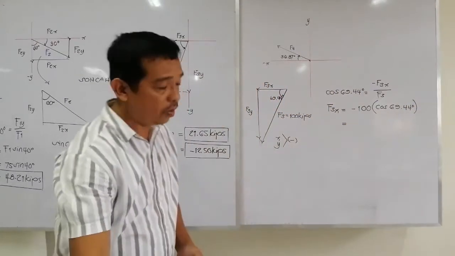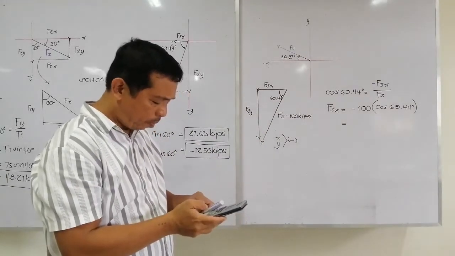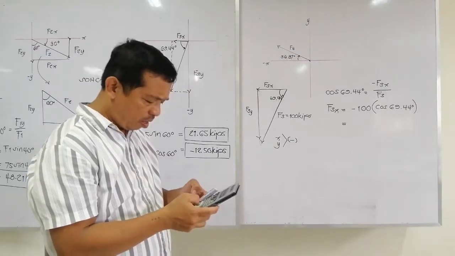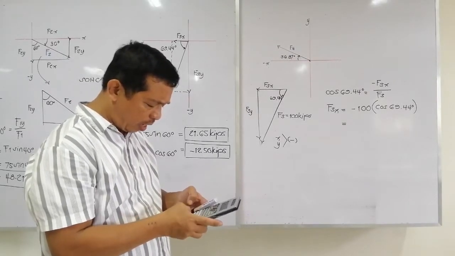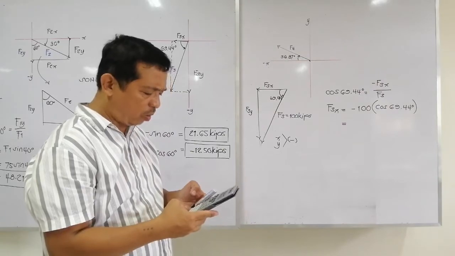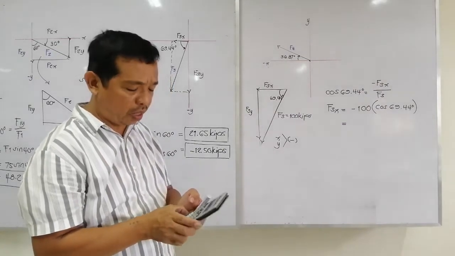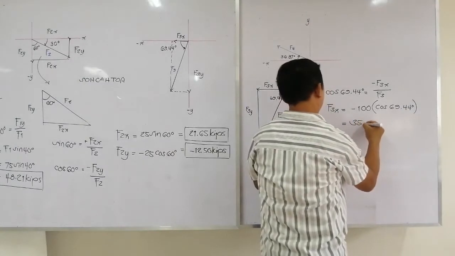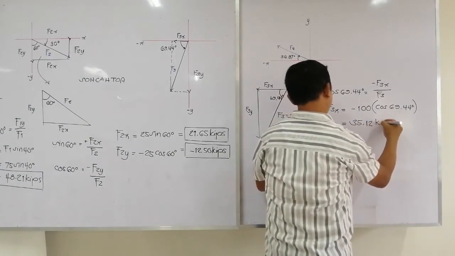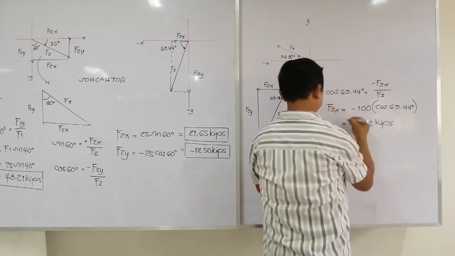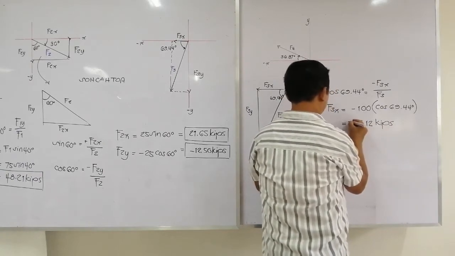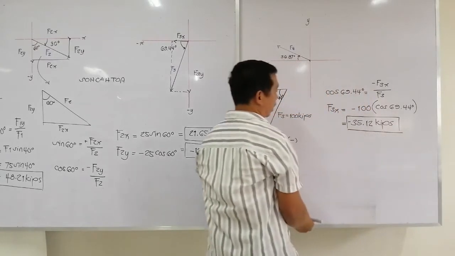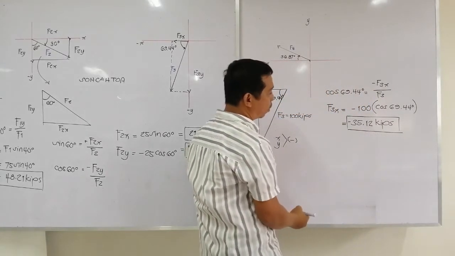Now, computing, you will have 100 times the cosine function of 69.44. That would give you 35.12 kips. Ingat, negative at that. So your F3x is negative 35.12 kips.